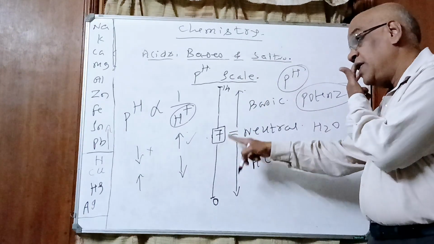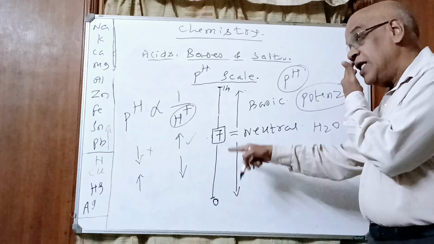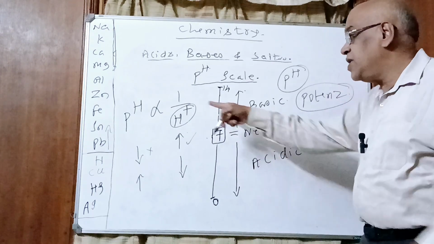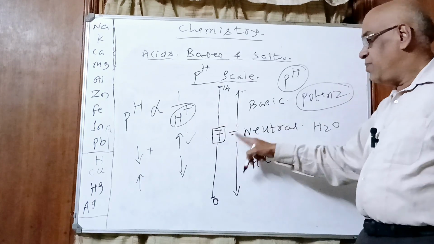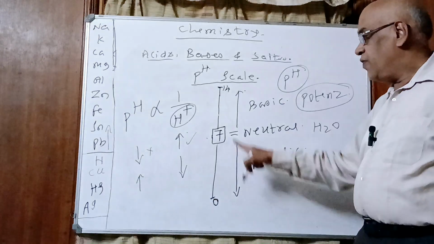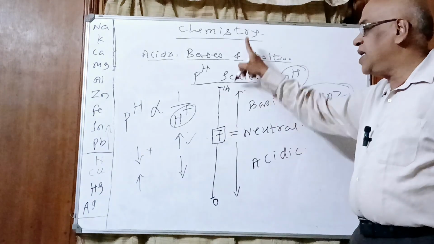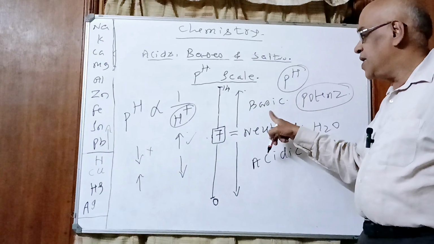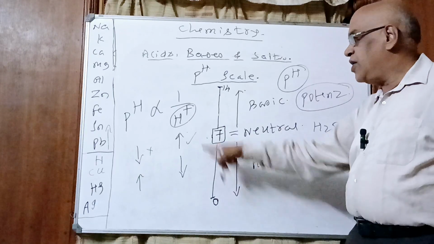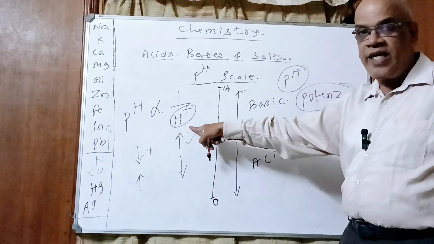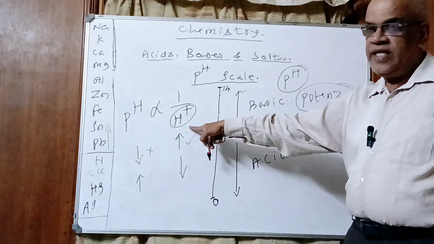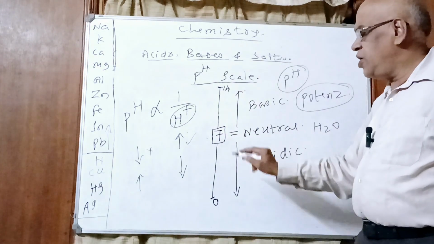From 7, if the pH decreases, what happens? The acidity increases. Concentration of hydrogen ion increases, pH will decrease. Once again, from 7, if pH increases, it becomes basic; if pH decreases, hydrogen ion concentration increases, it is a strong acid. Understood?